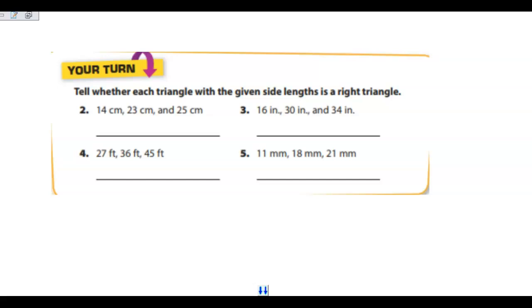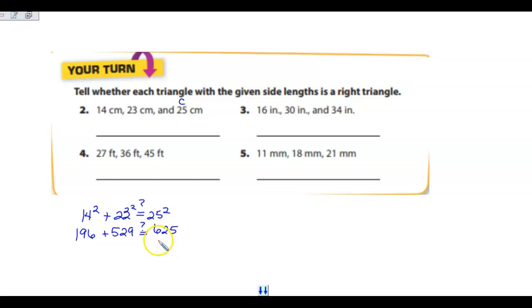Let's practice some of that. So I have 14 centimeters, 23 centimeters, and 25 centimeters. My longest side is going to be my hypotenuse. So 14 squared plus 23 squared, does it equal 25 squared? 14 squared is 196, 23 squared is 529, and 25 squared is 625.